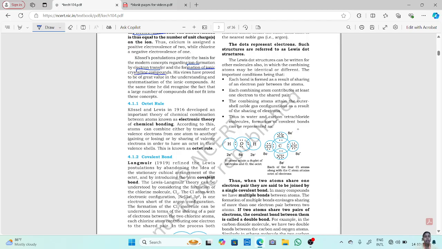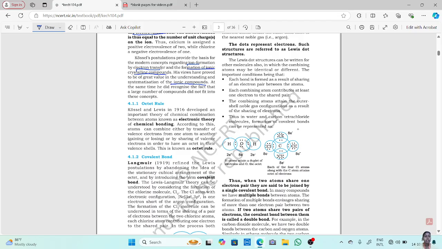His views have proved to be of great value in the understanding and systematization of ionic compounds.